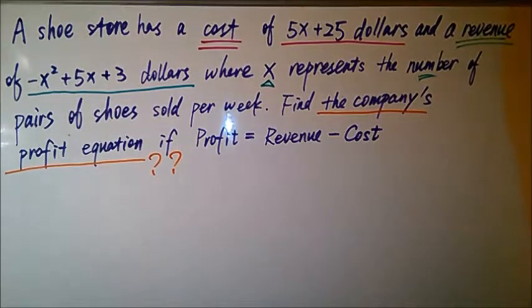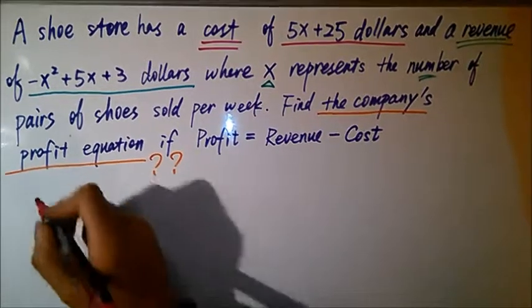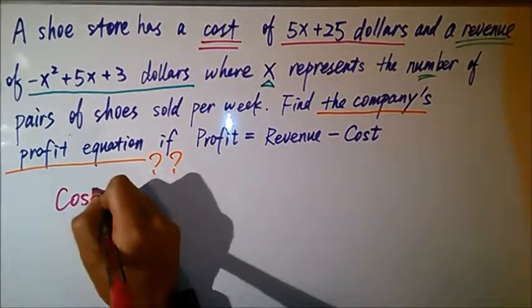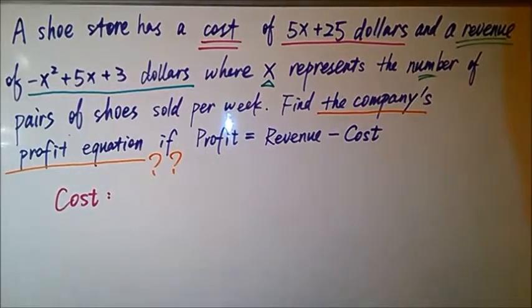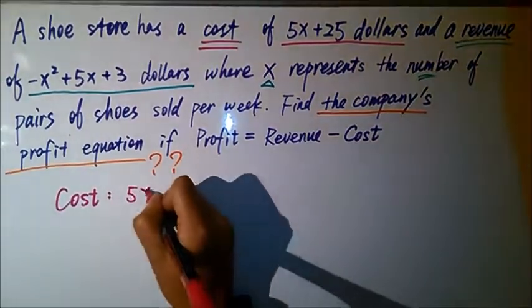So let's put down what we're given. Cost equals 5x plus 25.